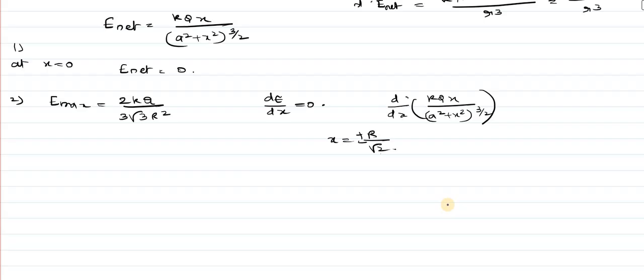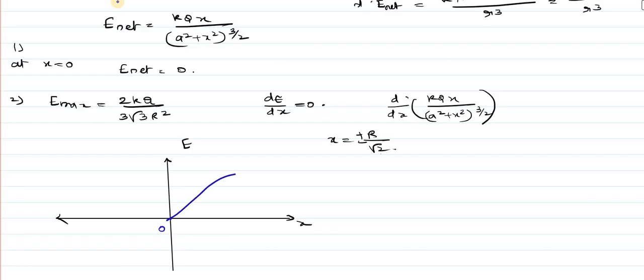So I have to draw the graph, right? So if I take x along the x-axis, that is the distance, and E along the y-axis. So how will it be? This is the center of the ring, right? So from this point, as x increases, E also increases, and it reaches the maximum value when x equals r by root 2.